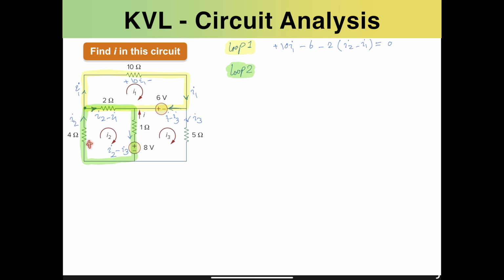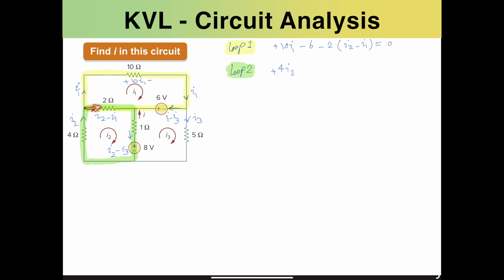So the positive terminal is going to be on the bottom and the negative terminal on the top, since the voltage drop is going to be from positive high voltage to low voltage with respect to the current flow. So we would start with 4 I2 with a positive sign.